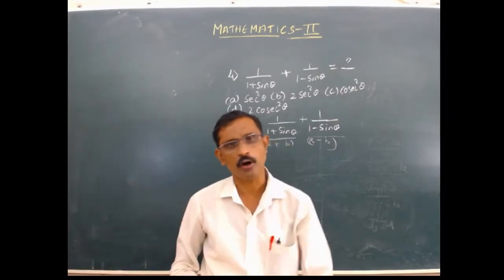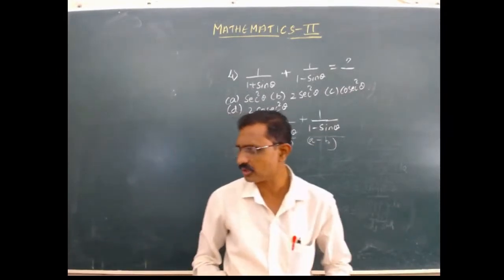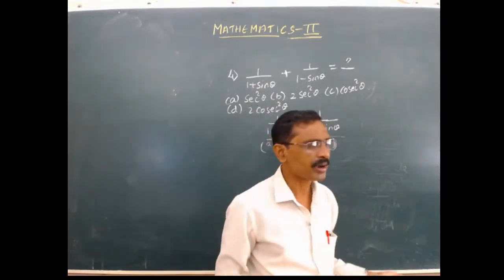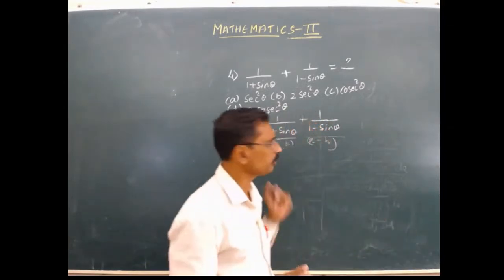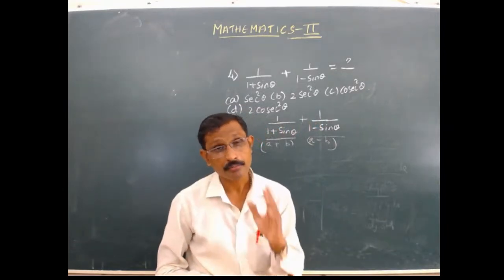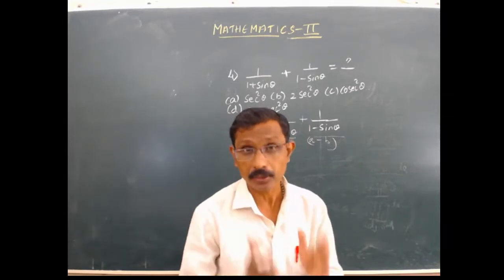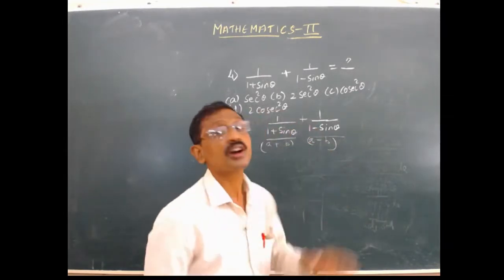Let's move on to our basic formulas and see where we get this A plus B and A minus B. A square minus B square. Very correct, A square minus B square is the correct formula.